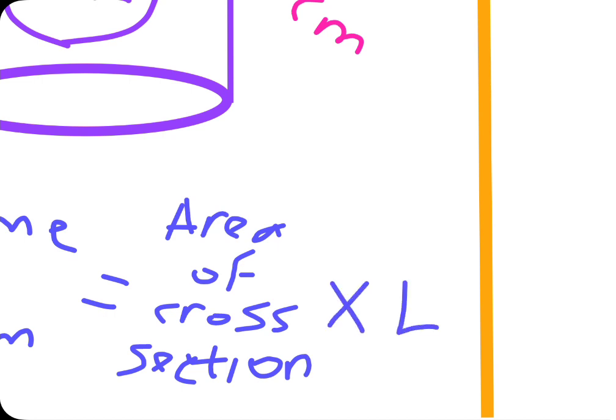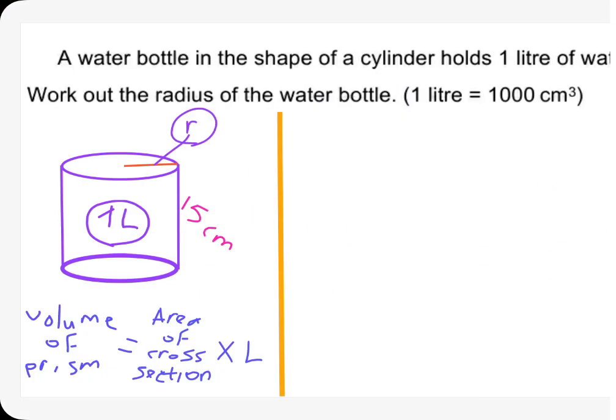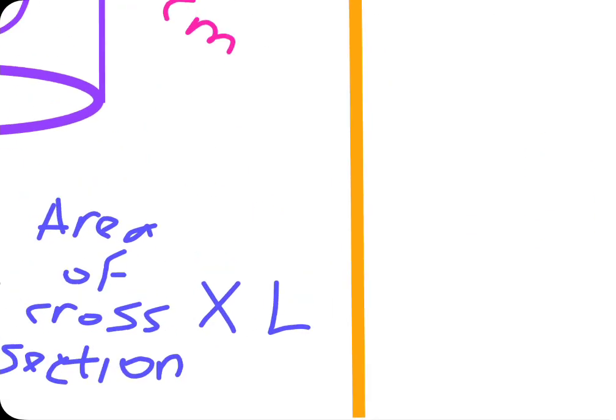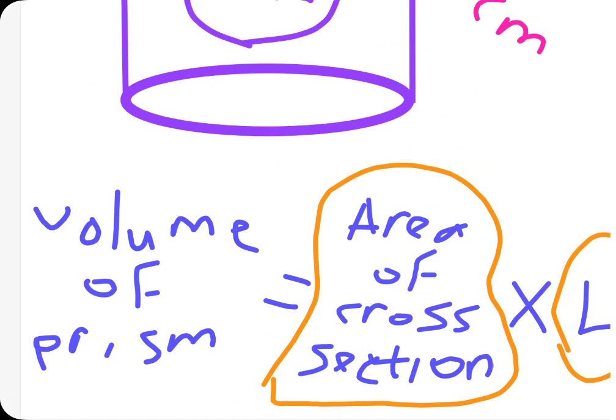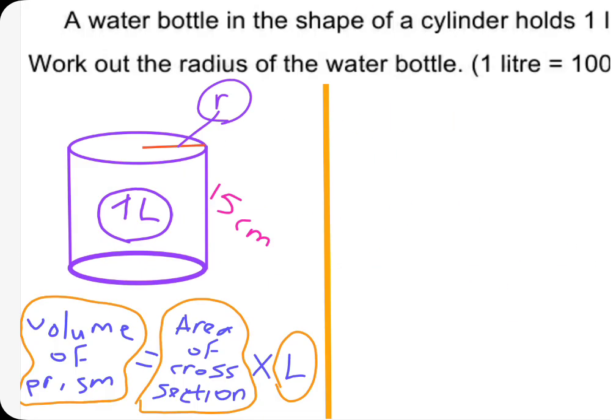So area of cross section multiplied by the length. This is the formula of the volume. This is the volume of the prism. We have to memorize this formula all the time. We're going to use it in each question containing variables or values like that.